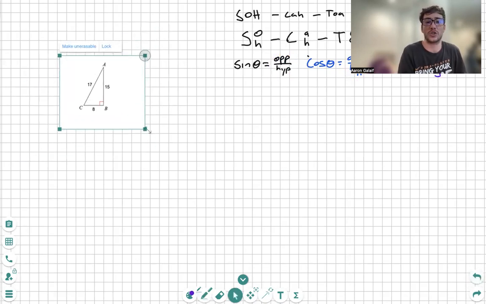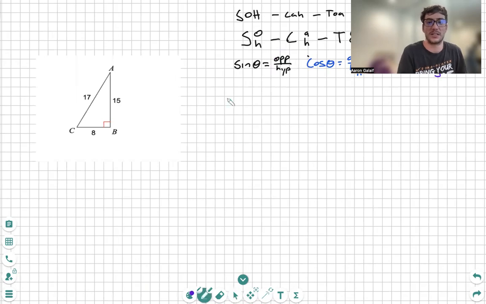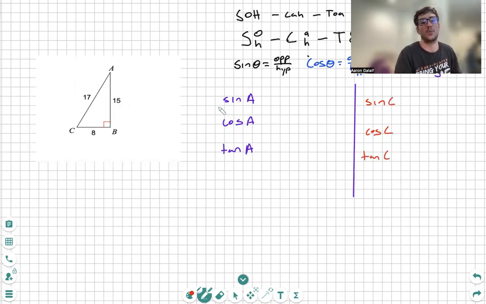So now let's look at our triangle and jump straight into it. First, we're going to find sine, cosine, and tangent of A. And then after that, we are going to find the sine, cosine, and tangent of the other angle, which is C. Notice that the one angle I'm not going to be caring about is B. Why?